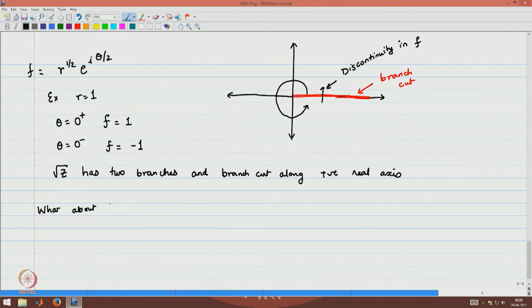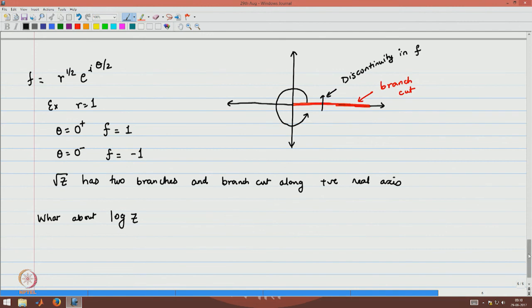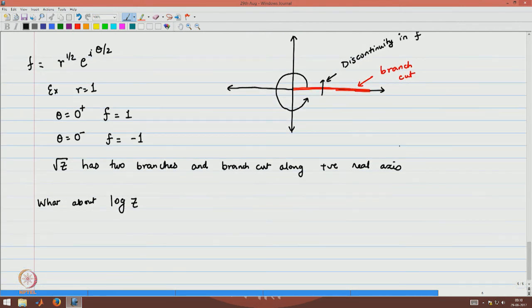What about log z? Okay. Now one more thing I want to emphasize is that if we use z equal to r e to the I theta plus 2 n pi, okay, if we use this, then this implies z raised to half is equal to r raised to half e to the I theta by 2 times e to the I n pi.